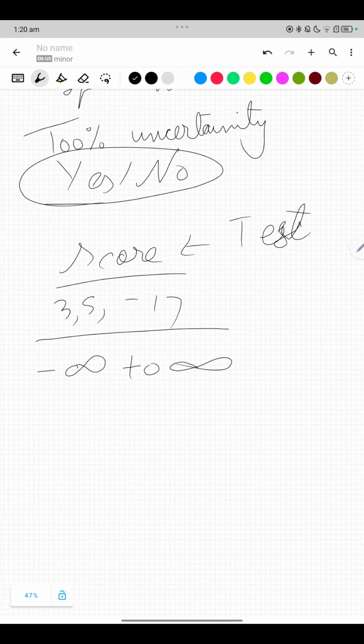Any values. But we were saying about surety, right? We're talking about surety, which means probability. So can the probability of something be minus 17 or 3? No. Because for probability, we need an output between 0 and 1. Right?